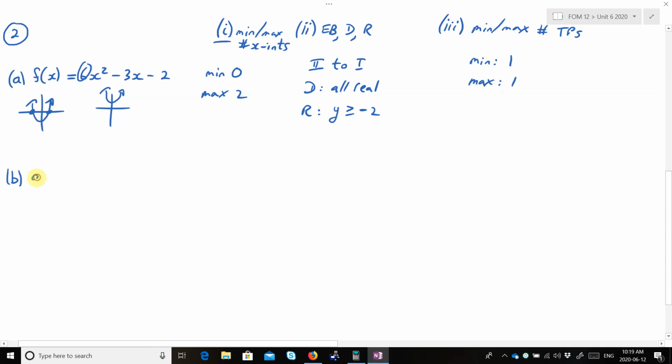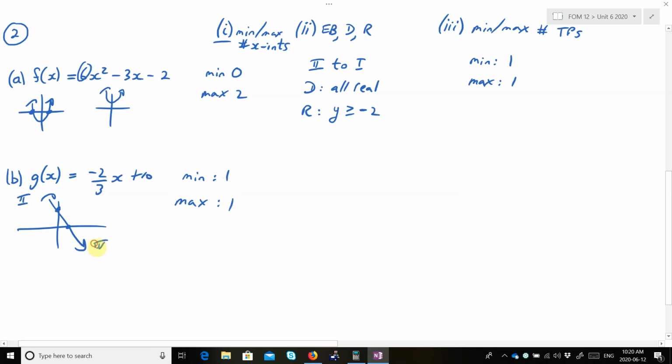Okay, letter B was this g of x equals -2/3 x plus 10. That is a straight line. It's got a y-intercept of 10 and it has a negative slope. The minimum number of x-intercepts is 1, and the maximum number of x-intercepts is 1. It goes from quadrant 2 to quadrant 4, the end behavior.